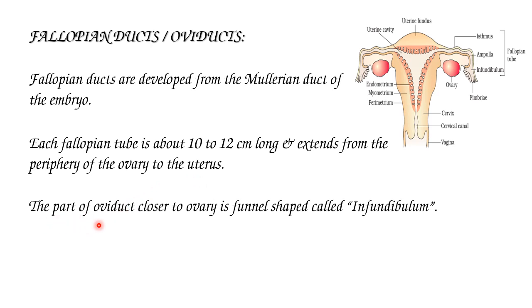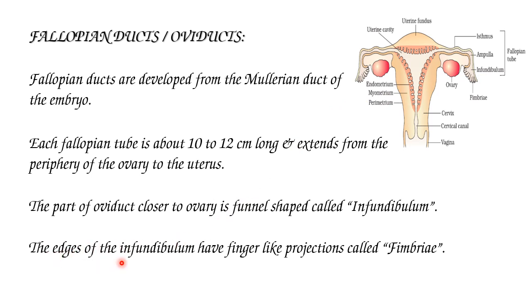The part of the oviduct or fallopian tube closer to the ovary is funnel shaped and called the infundibulum. Let's see the diagram. So this is the region close to the ovary, and it appears as a funnel shape. That region is called the infundibulum.